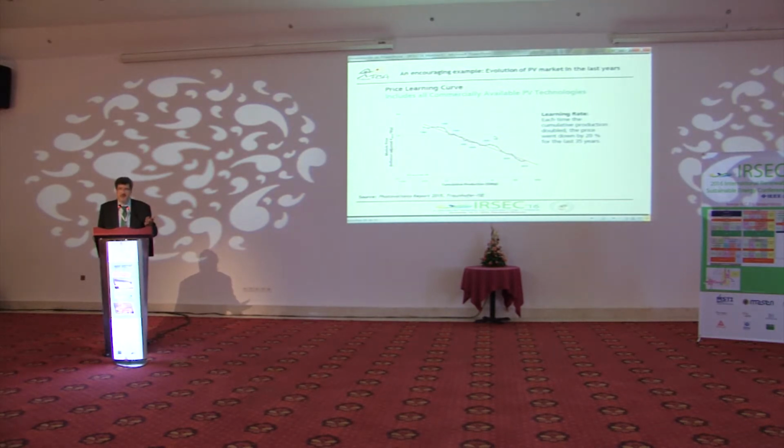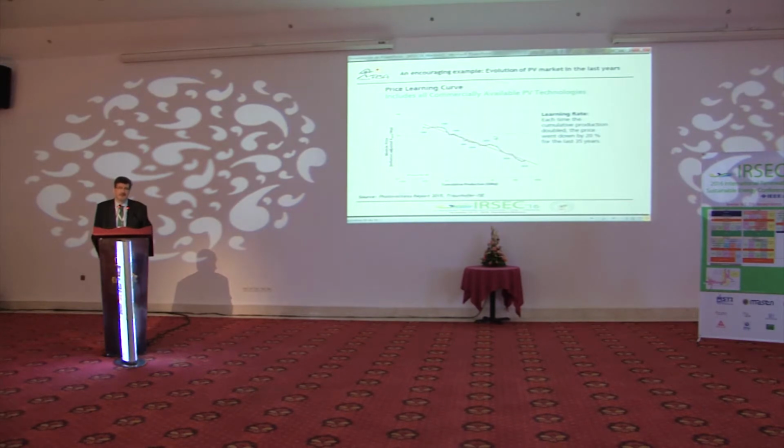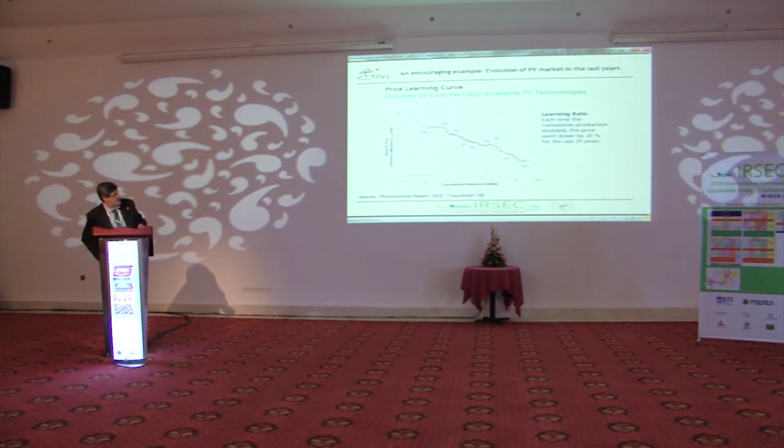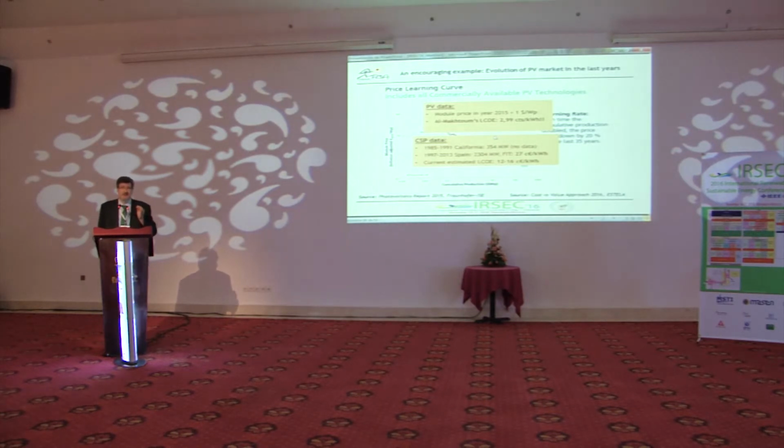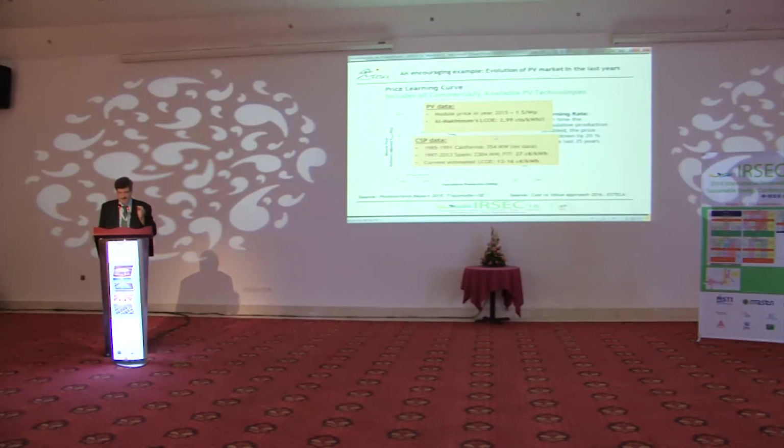Concerning the price, look, this is the learning curve of photovoltaics. Maybe you cannot see it very well, but the data is that today the price is less than $1 per watt peak. Less than $1.